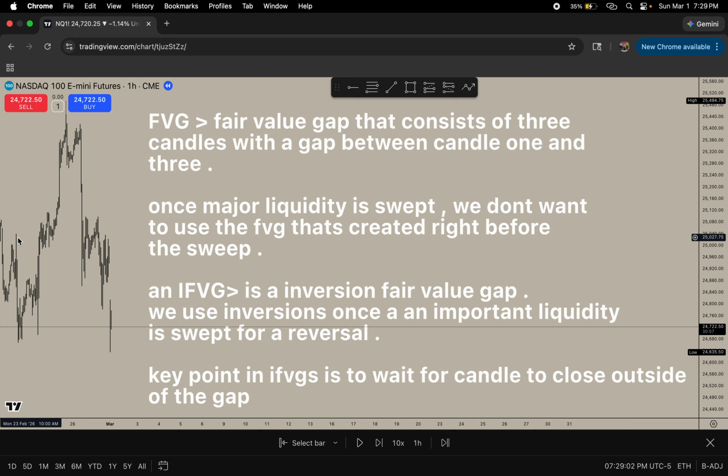We use inversions once an important liquidity is swept for a reversal. Key point in IFVGs is to wait for a candle to close outside of the gap. Okay, once you have a closure outside of the gap, that would confirm to you that we do have a full reversal, plus with everything else, once your liquidity is swept and everything else.